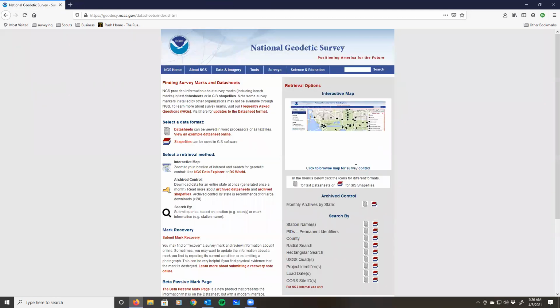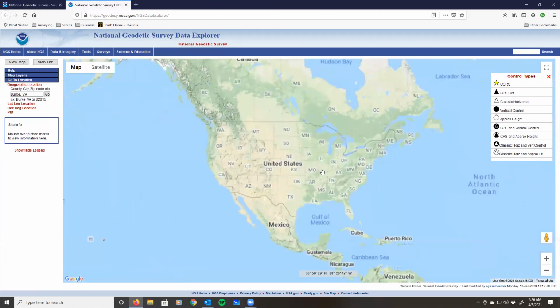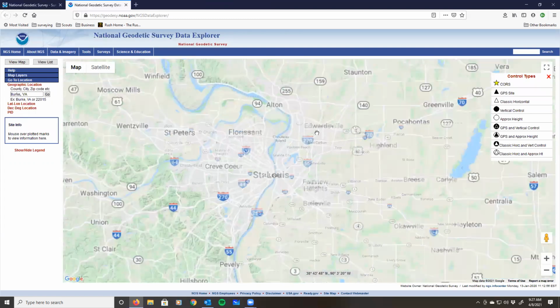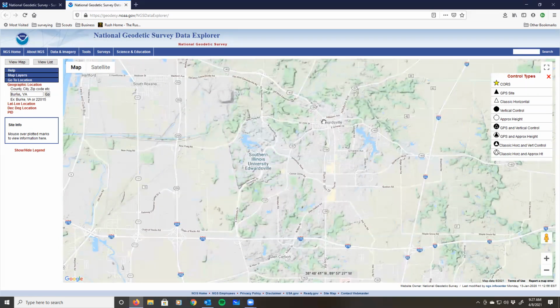So if you're looking for a benchmark, they have an interactive map. They have a thing about getting started. Basically, you can zoom in on a particular area. We'll zoom in on Edwardsville.